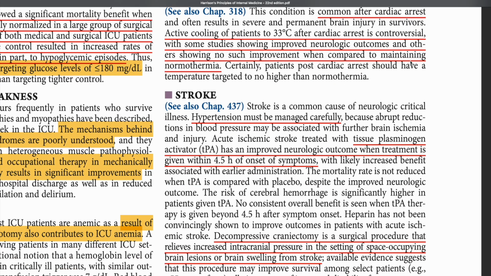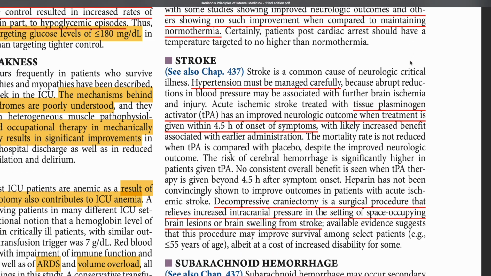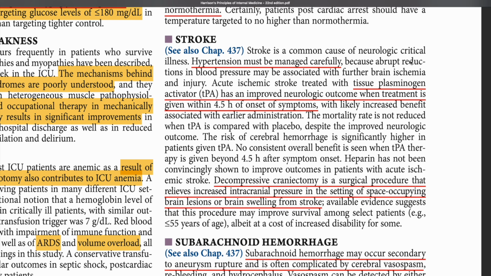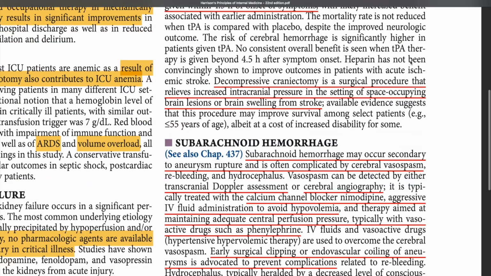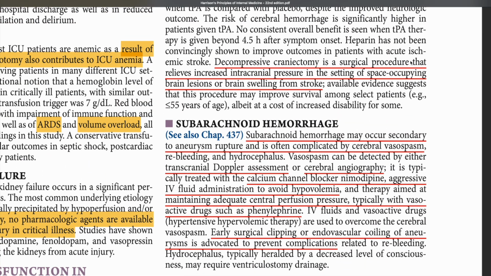So stroke is also seen in ICU patients. Hypertension must be managed carefully, and TPA, tissue plasminogen activator, has improved neurological outcome. Then decompressive craniotomy is a surgical procedure that relieves increased intracranial tension. Then subarachnoid hemorrhage may occur due to cerebral vasospasm.